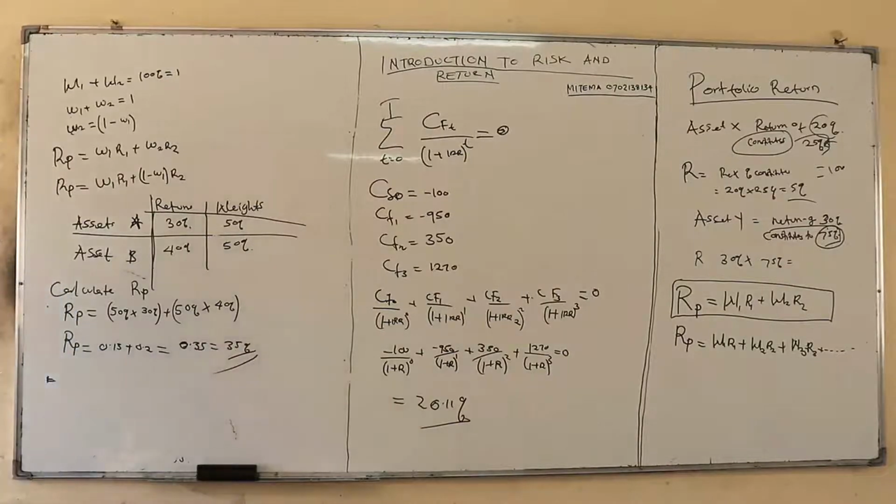This is the portfolio return of this portfolio, where we had assets A and B with these returns and weights.